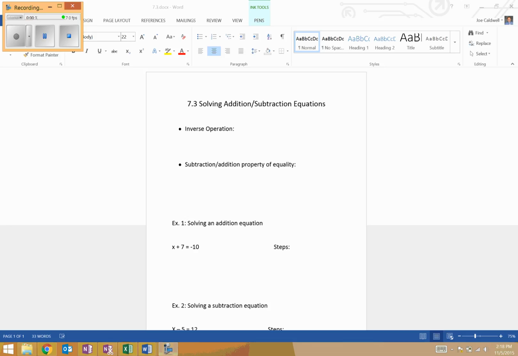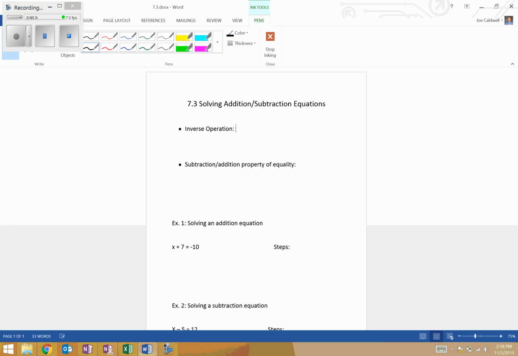The definition of an inverse operation is an operation that undoes another operation.